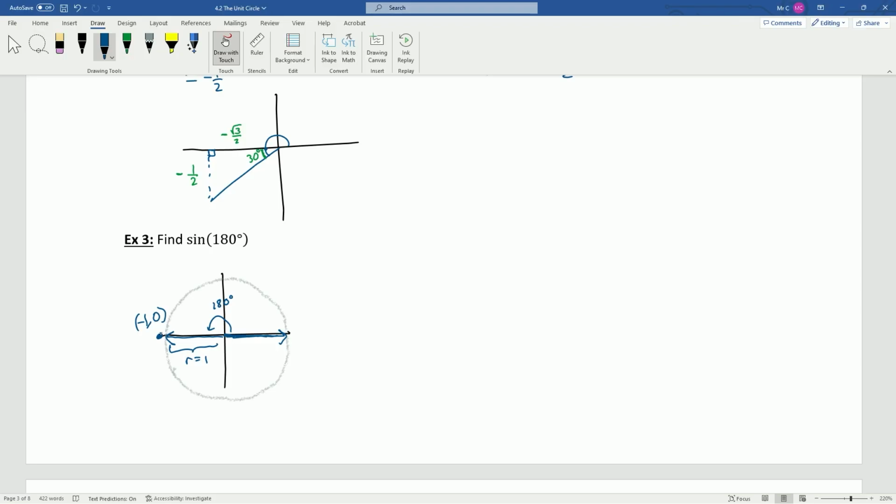So on the special cases, the quadrantal angles, either straight to the right, straight up, straight down, or straight to the left, whenever you do one of those angles, all you have to do is go, hey, I'm going either right 1, up 1, left 1, or down 1, and just draw the point. So remember, sine of 180 degrees, sine is the y value, so this is the 0 value here.